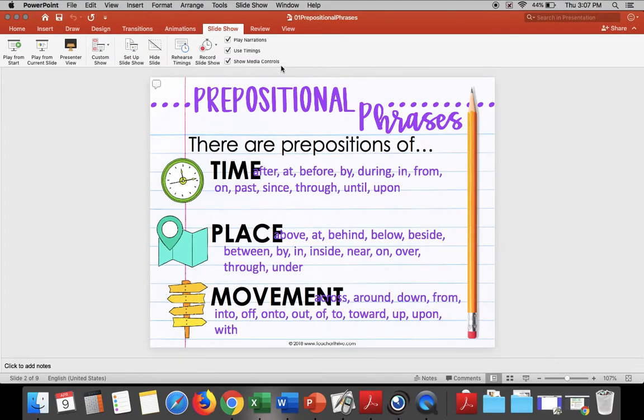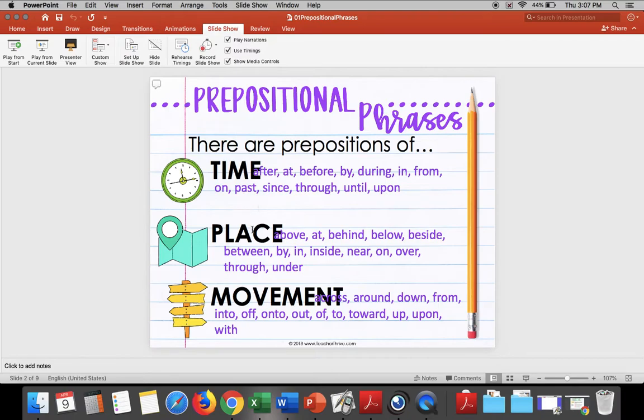Prepositional phrases. There are 3 different types of prepositional phrases. They can tell us the time: after, at, before, by, during, in, from, on, past, since, through, until, and upon.